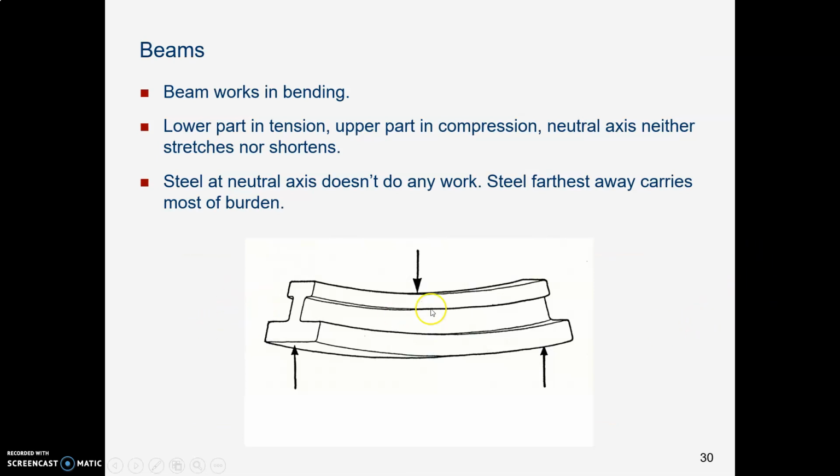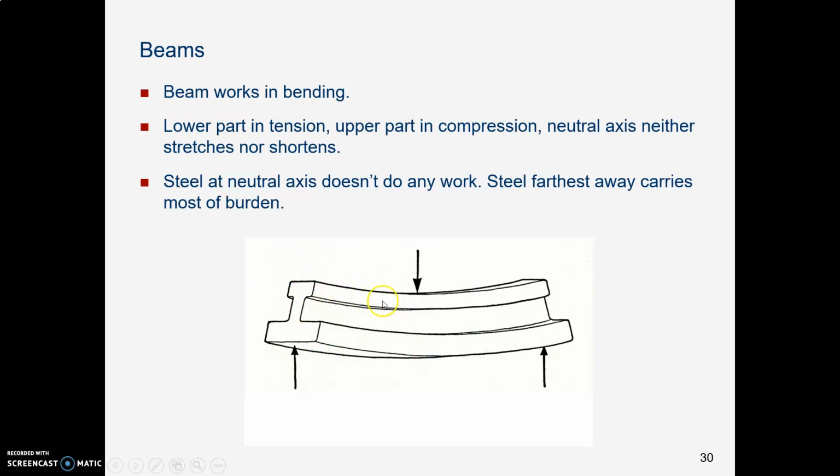So beams, we've been talking about the bending axis, and the axis goes through the centroid, through the middle of the beam. And the material out away from that axis is what does the work.